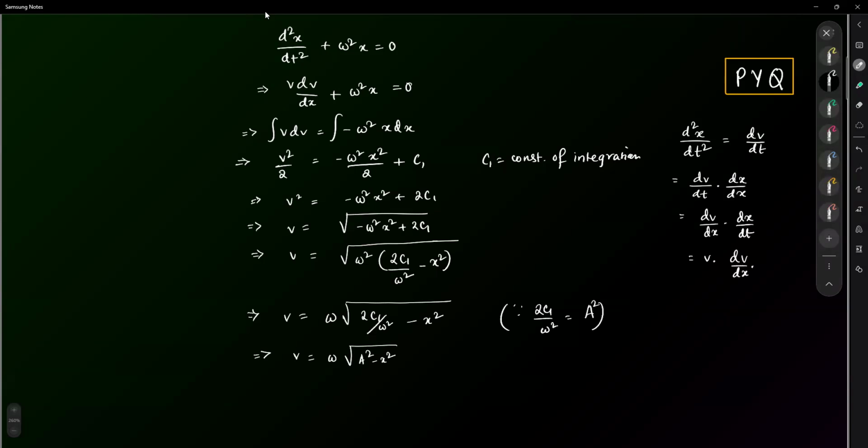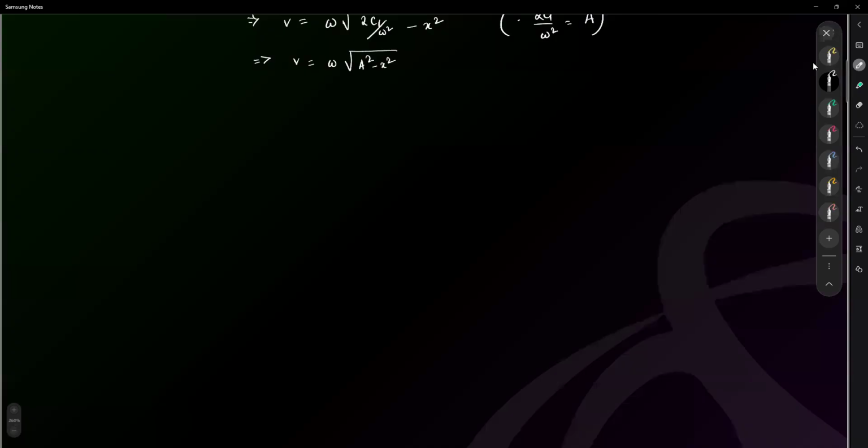Okay, see, from here, can I write that v square is equal to omega square a square minus omega square x square? Right? Now, can I write that v square plus omega square x square is equal to omega square a square?